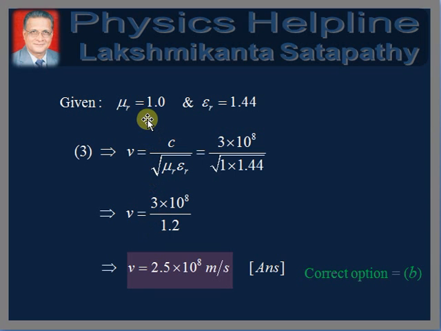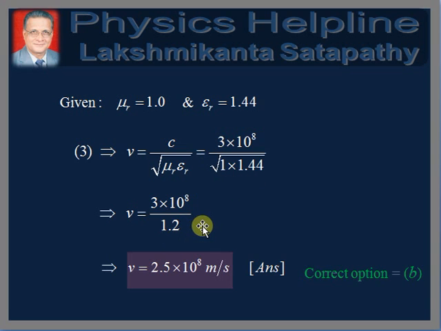It is given in the question that mu r is equal to 1.0 and epsilon r is equal to 1.44. We will put the values to give us v is equal to, for c we put 3 into 10 to the power 8 divided by root over, for mu r we put 1 multiplied by, for epsilon r we put 1.44. 1.44 into 1 is 1.44, root over that is equal to 1.2.